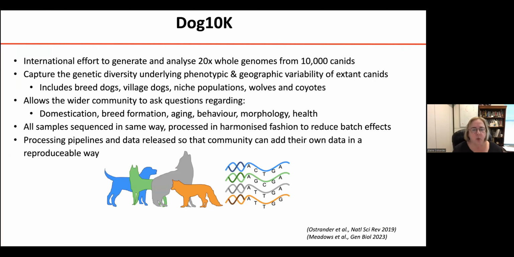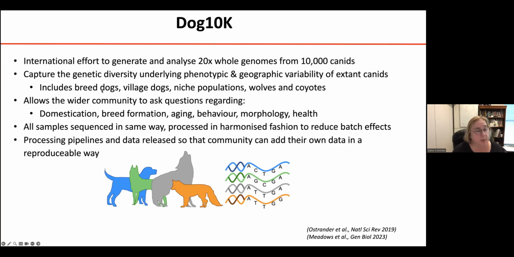Okay, so why are we able to do all of this? Well, in just these last few slides, I want to say a few things about Dog 10K. So Dog 10K is an international effort that I, together with Bob Wayne and Guodong Yang, started in 2019 to generate and analyze 20x whole genome sequence. In the end, we're hoping to do 10,000 canids. We wanted to capture the genetic diversity underlying the phenotypic and the geographic variability of living canids.